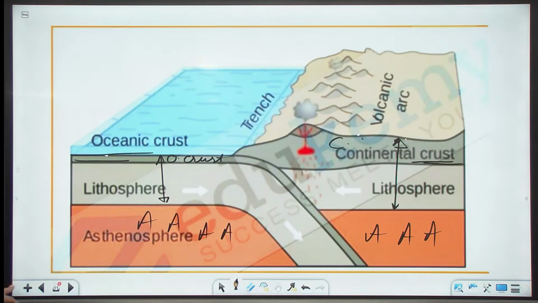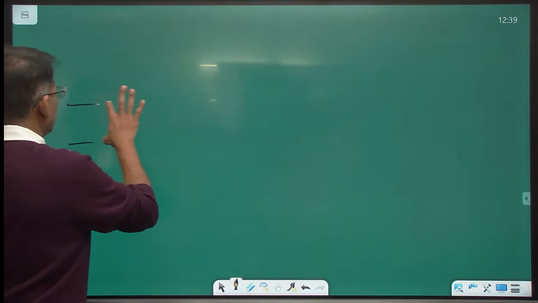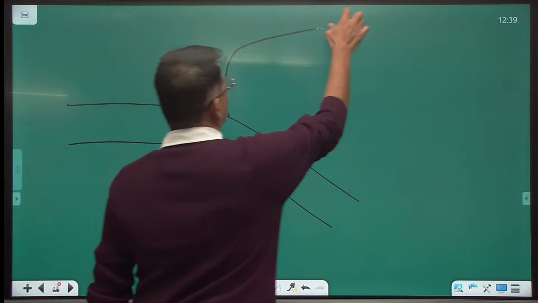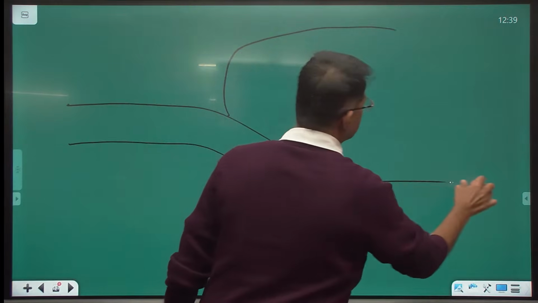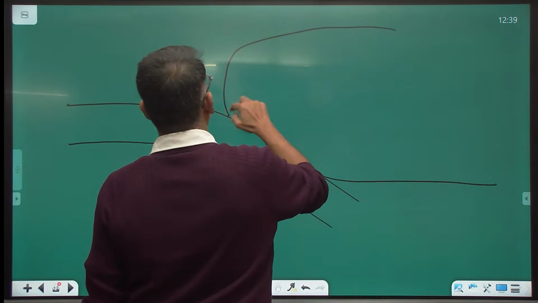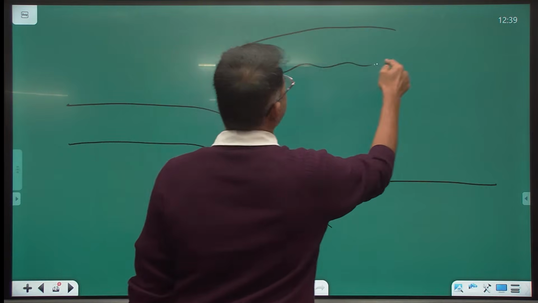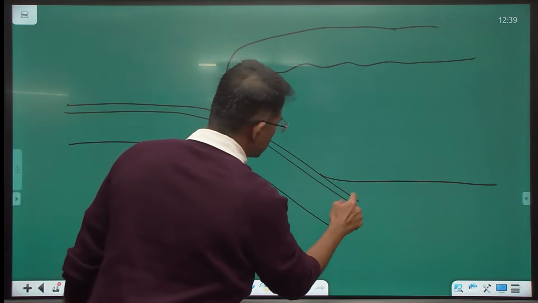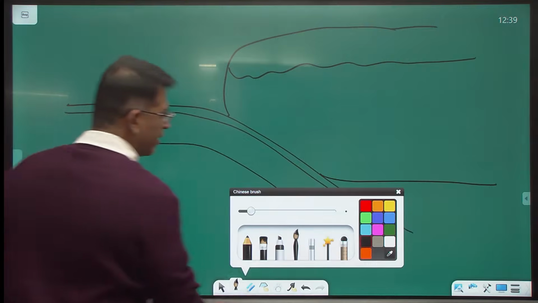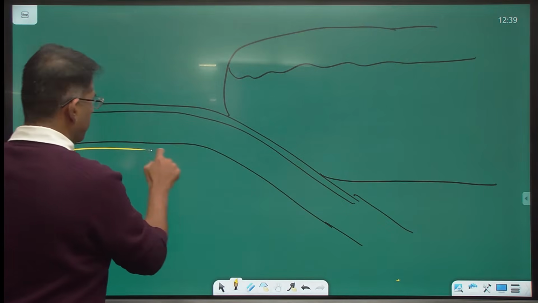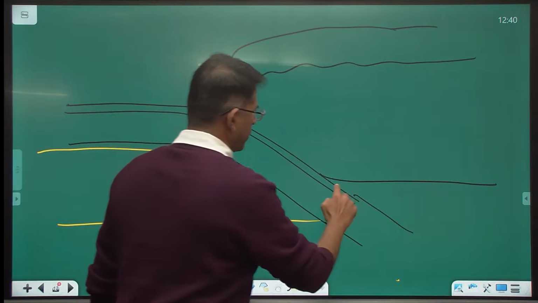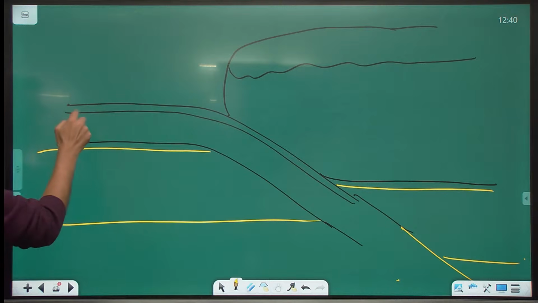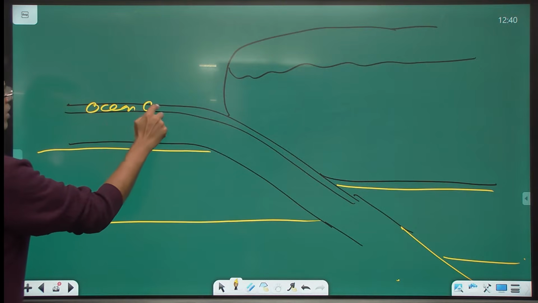You can draw a representative one. You can show this as the ocean. You can show this as the continent. So this is the continent crust. This is the very thin ocean crust. And this whole thing is the asthenosphere. This whole thing is the asthenosphere. Okay, draw it. Ocean crust.